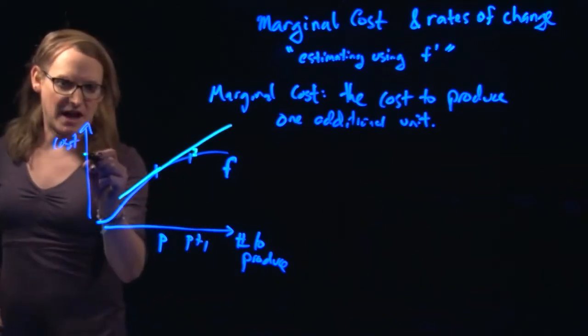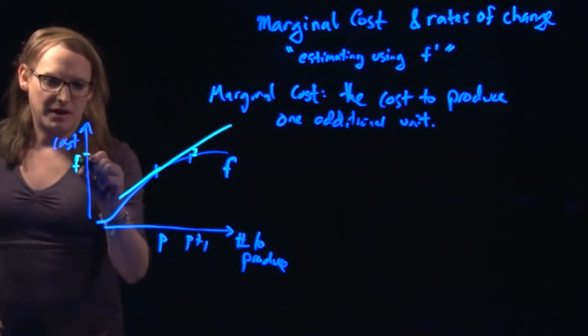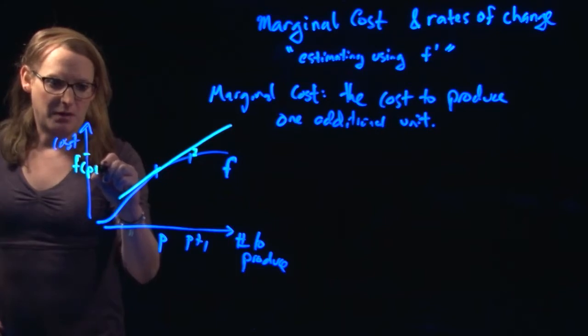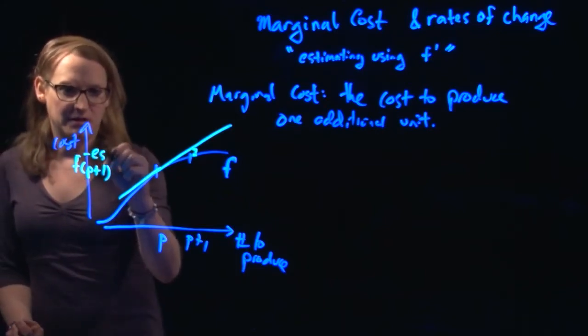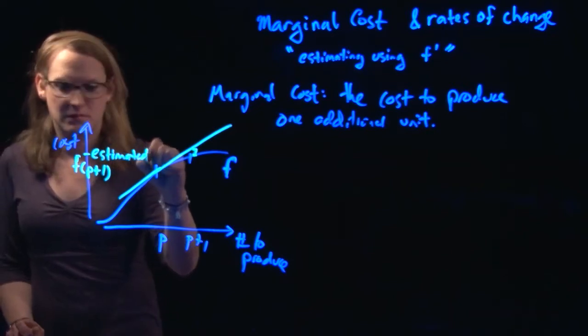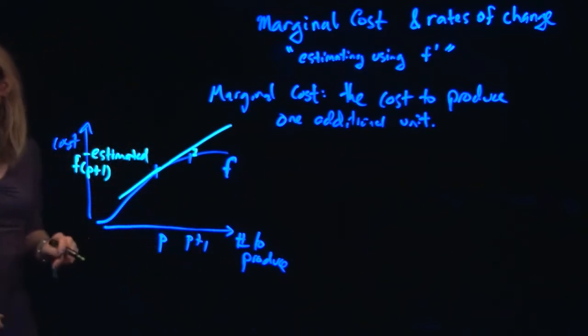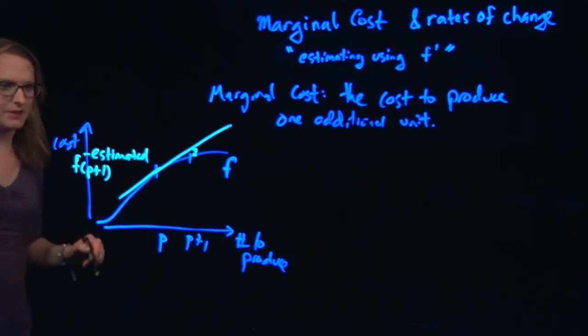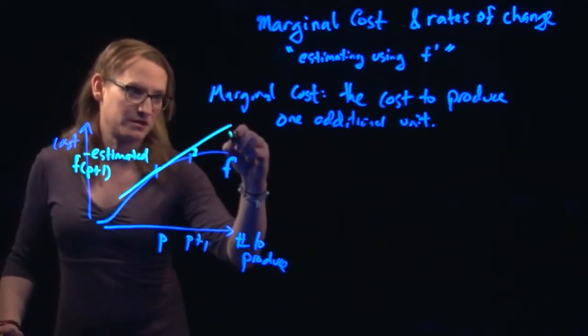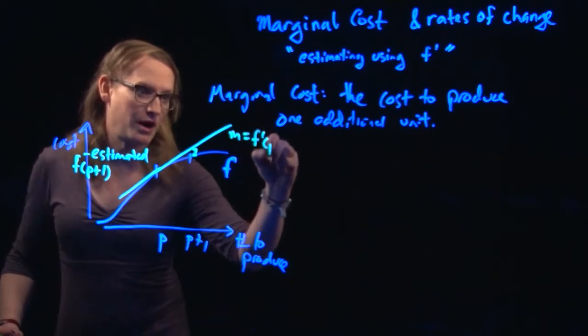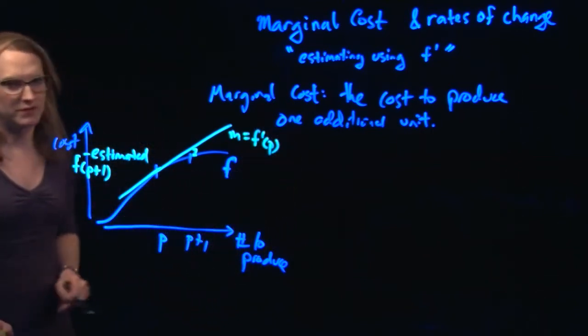This is the actual value of f at p plus 1. That other value is estimated. And we're going to get a hold of that value by working on this line, the slope of which is f prime at p, because p was the point of tangency.